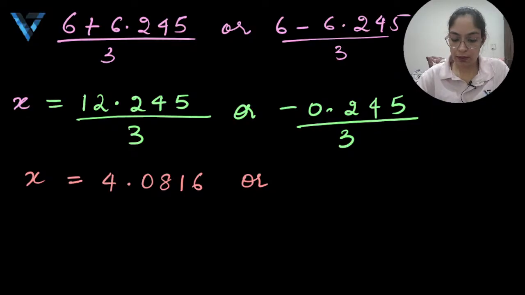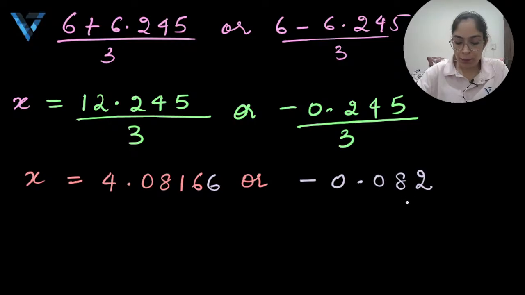So 4.0816. Okay, so 6 is getting repeated. We don't have to write it, because up to 3 decimal places we have to write. So minus 0.082. Are we getting it only up to 3 decimal places, or is any number getting repeated here?